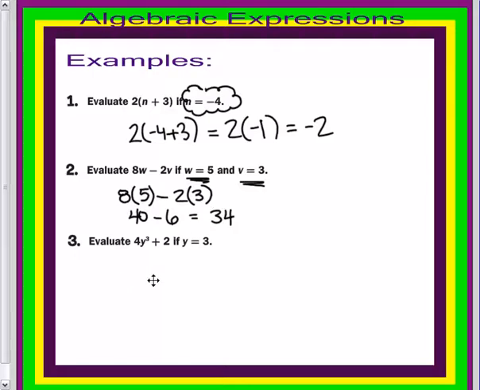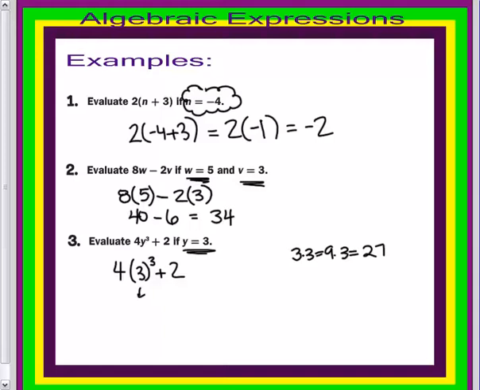For the last one, we're going to plug in only the y. That's all they give us. So 4 times 3 cubed plus 2. Okay, in order of operations, we first look at the parentheses. There's no operations within it. So let's evaluate the exponents. 3 times itself 3 times. So 3 times 3 is 9, times 3 is 27.